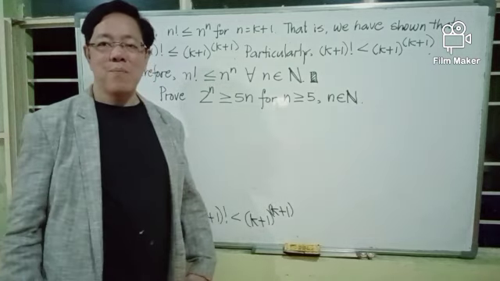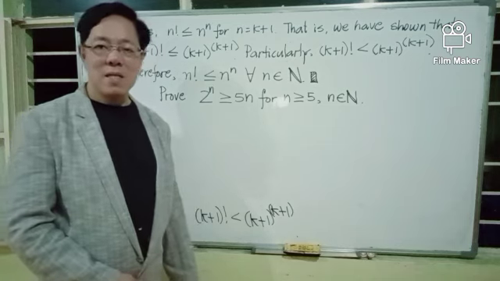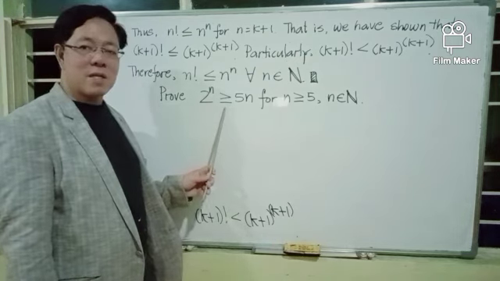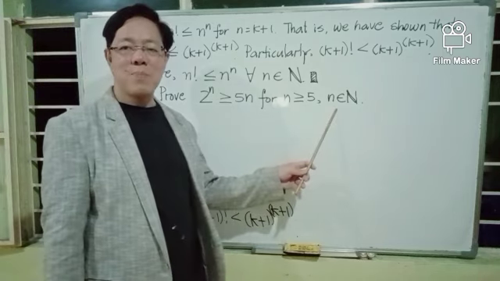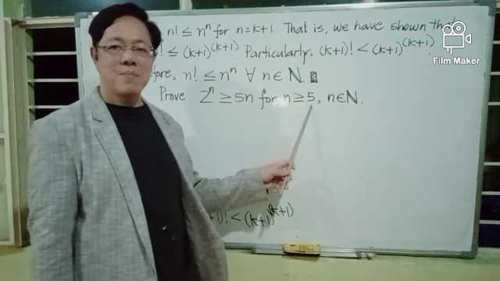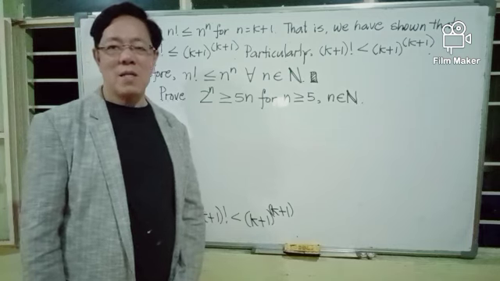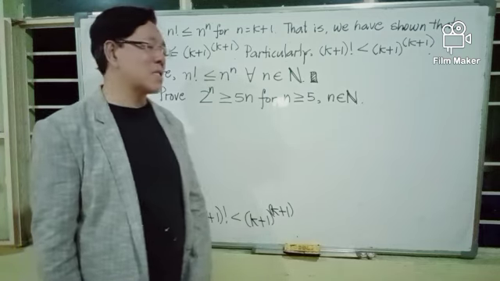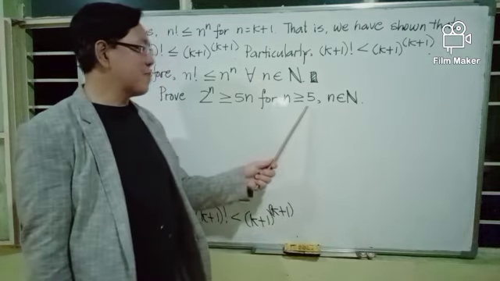We take another example in using the mathematical induction to prove that 2 to the power n is greater than or equal to 5 times n for natural numbers or positive integers n greater than or equal to 5. For the first part of the proof by mathematical induction, we assign n the smallest natural number, the smallest positive integer 5.